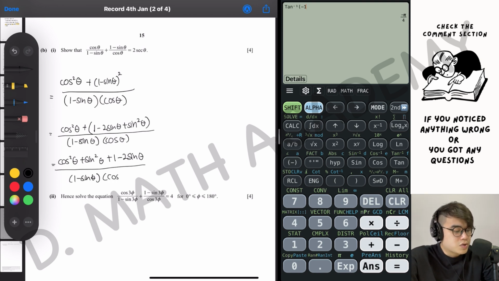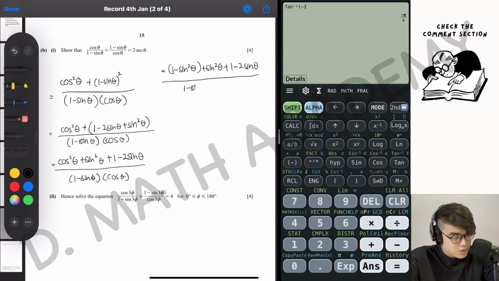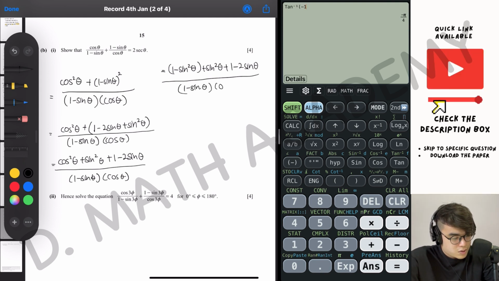So cosine square can be written as 1 minus sine square theta, plus sine square theta plus 1 minus 2 sine theta. Through this, you will notice that minus cancel, and there is 2 plus 2 minus 2 sine theta.